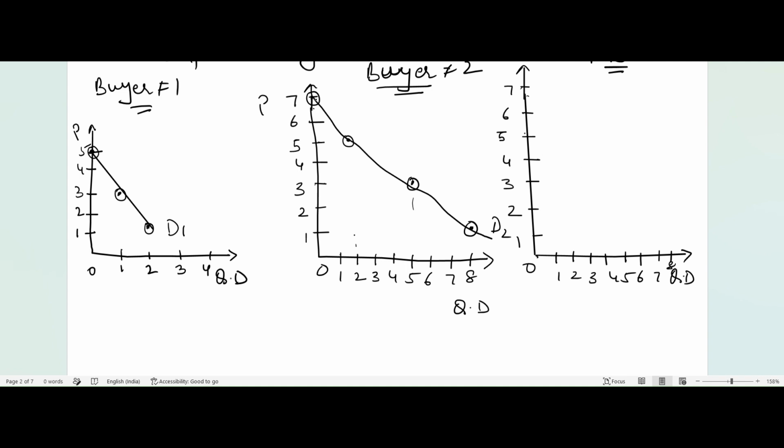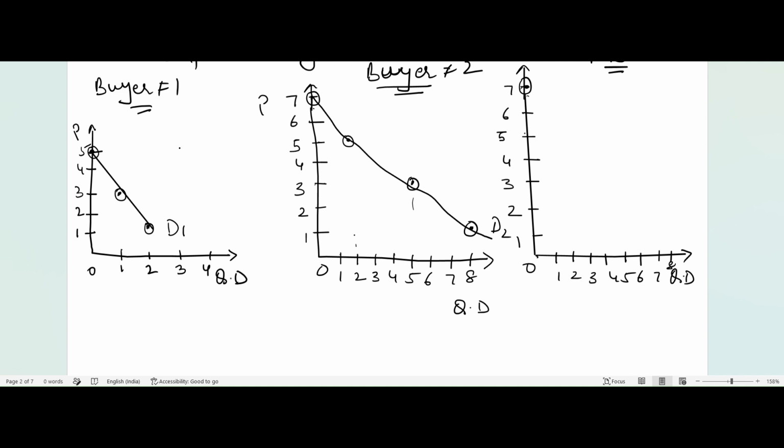So let's say starting with 7, is there anything for buyer 1 at price 7? No. So it's only 0 for buyer 2. So I'll mark just 0 over here. Again, I'm repeating, it's a horizontal summation of all the individual demand curves in order to get a market demand curve graphically.